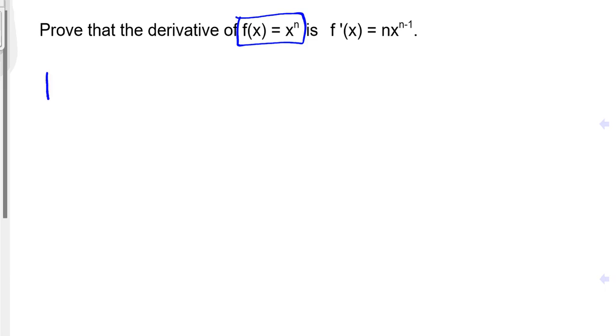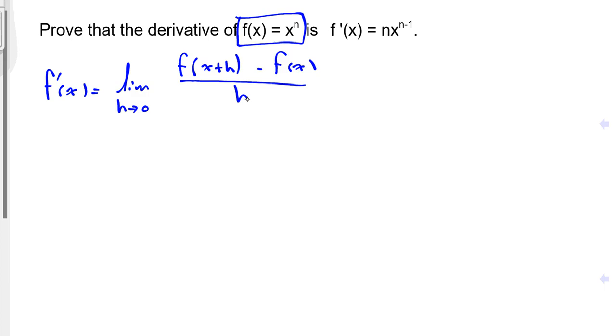So we're going to say f prime of x will equal the limit as h approaches 0 of my function. Well, let's just write out the definition first. f of x plus h minus f of x all over h.